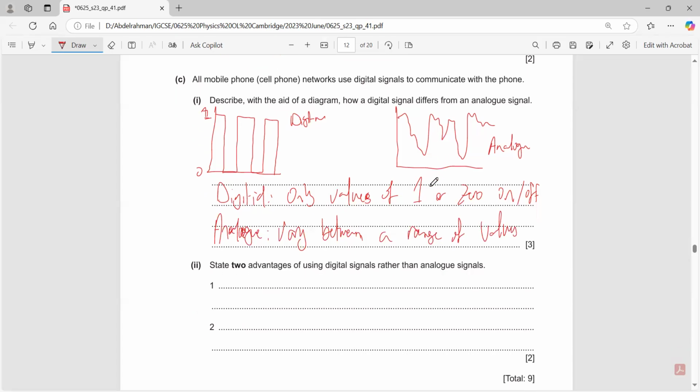State two advantages of using digital signals. Actually, we have three advantages. We can easily remove the noise on the signal.